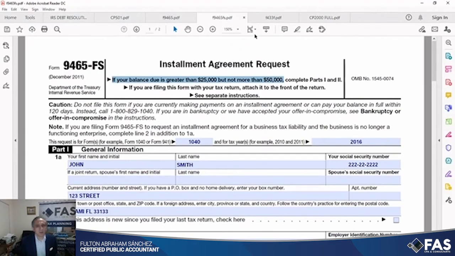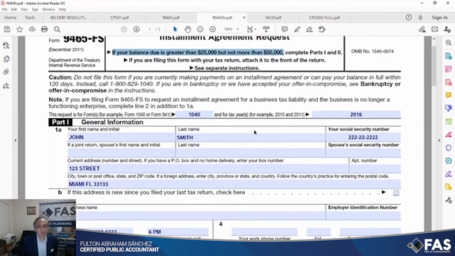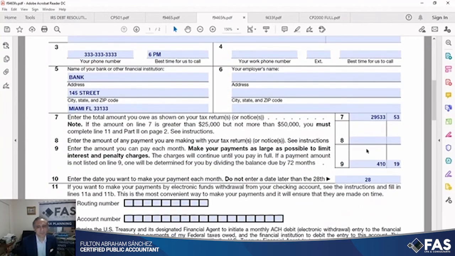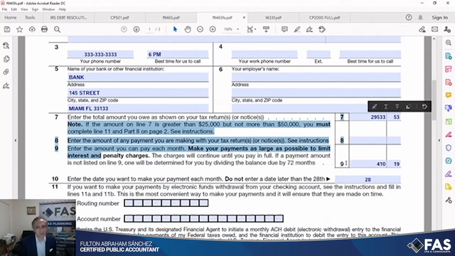Now, remember that we said that if you owe more than $25,000 and you are not able to pay the amount on line 7, the amount that you owe divided by 72, in this case it's 410.